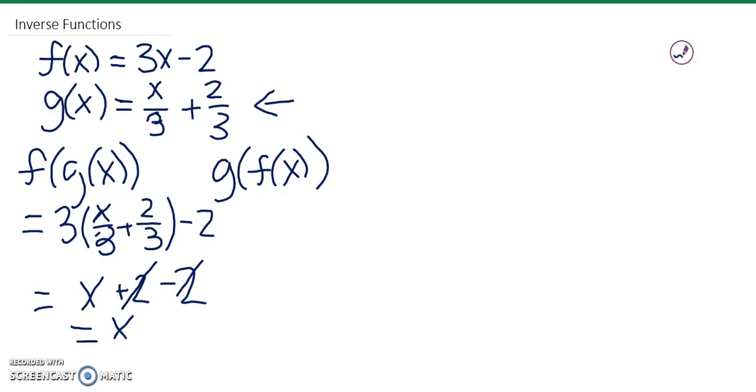Now when we compose g of f of x, we know that f of x equals 3x minus 2. So we can plug that into g of x, and we get 3x minus 2 all over x plus 2/3.